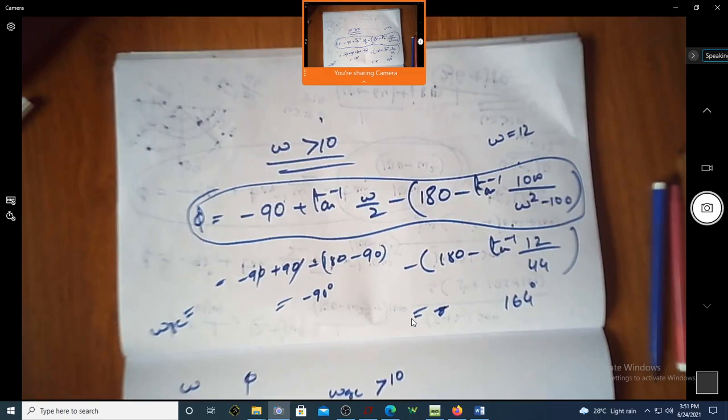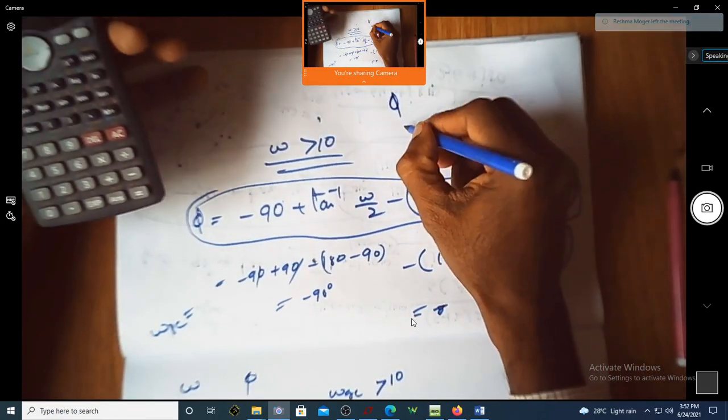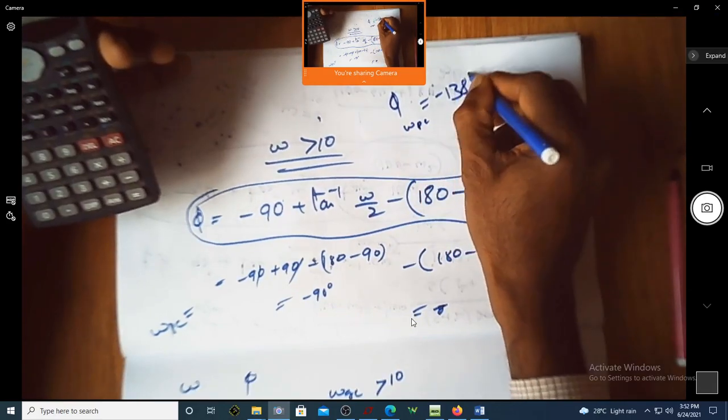You get minus 138.38, so the phase at omega gc is minus 138.38. Correct?